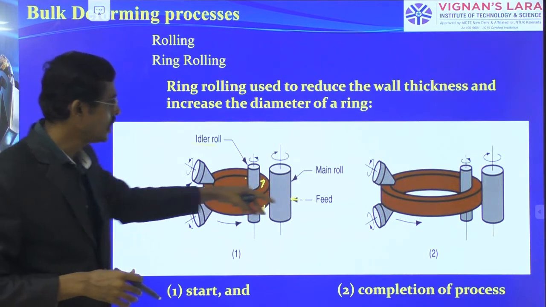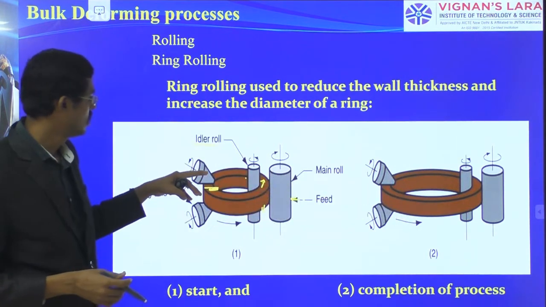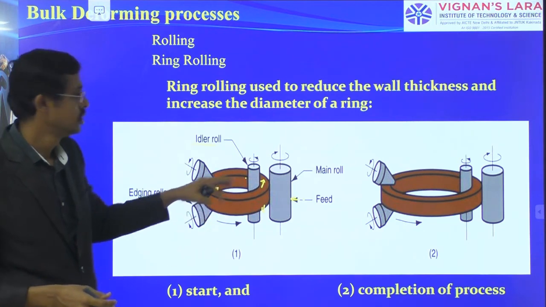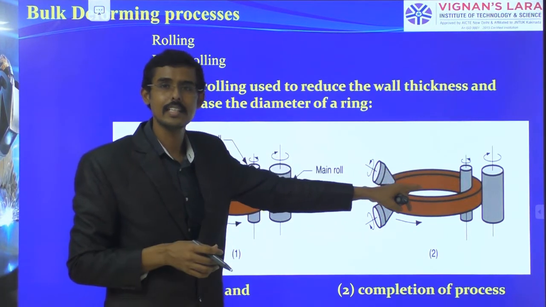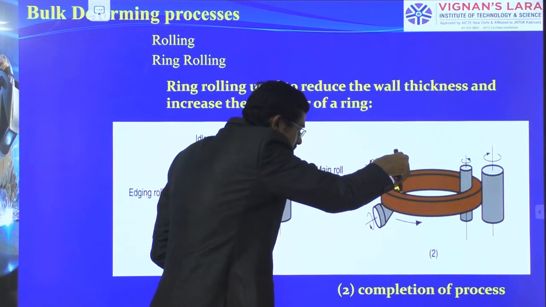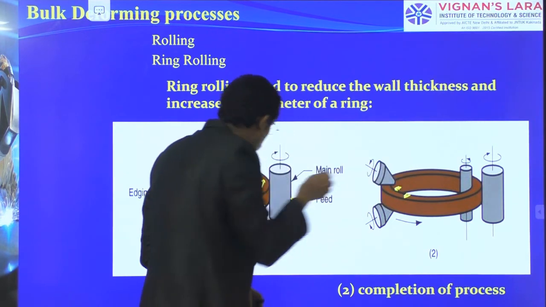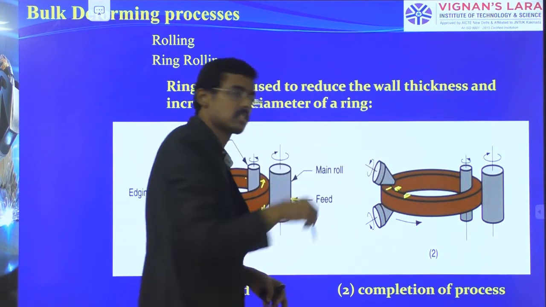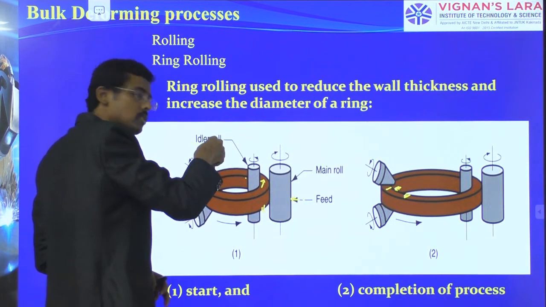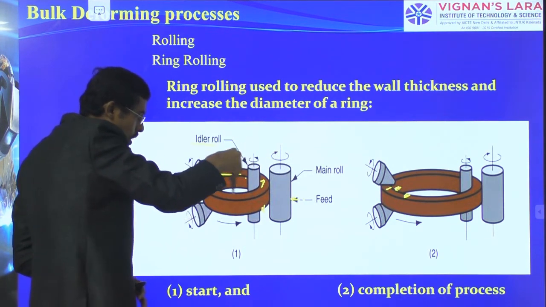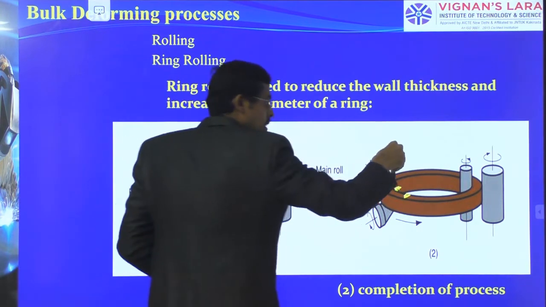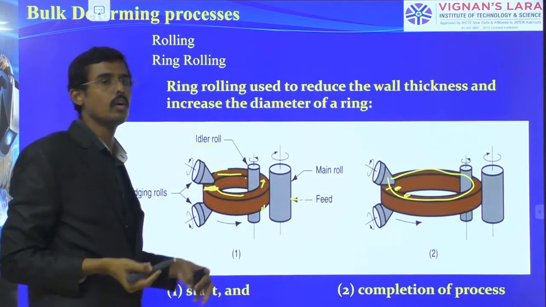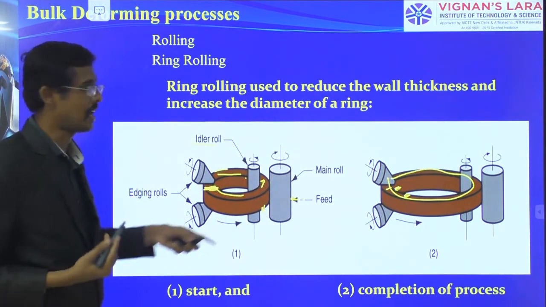Therefore, slowly we convert this large thickness, small diameter to small thickness. The thickness is reduced, and the small diameter has been increased to a large diameter. Right? So that is how the ring rolling process can be done.